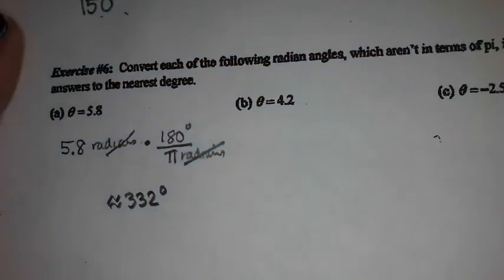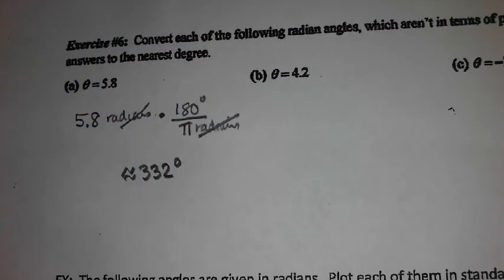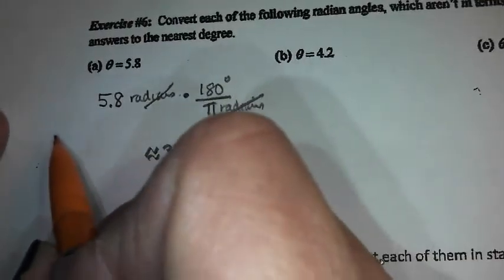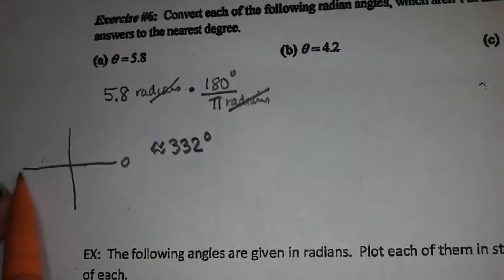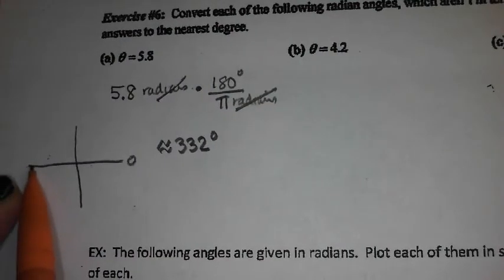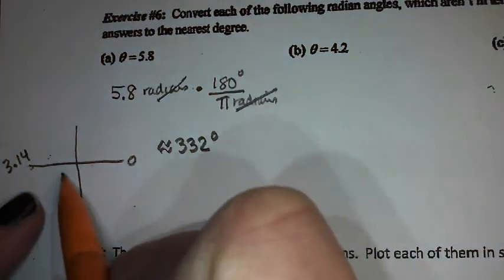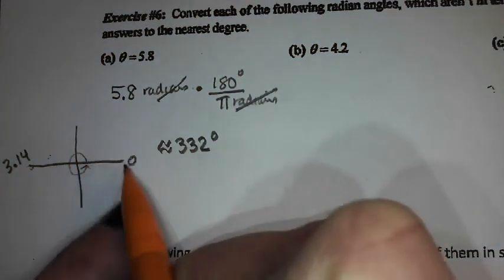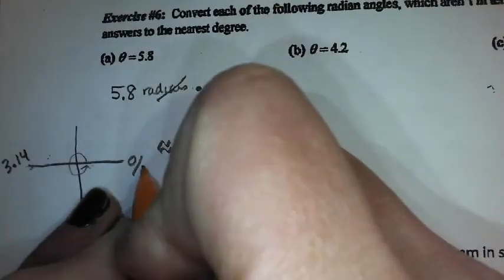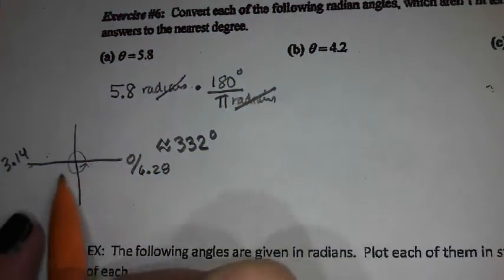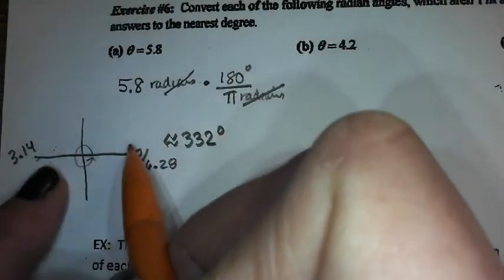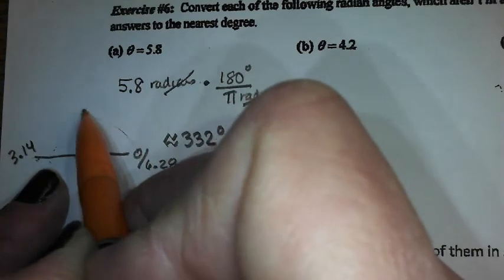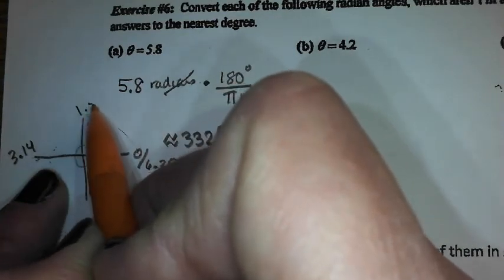Now, again, don't worry about the other parts B and C. Let's talk about why this makes sense. Going back, this is 0 radians. How many was this? 3.14. If we kept going the full circle, how many is this? 6.28. So what's this in between then? Well, we said, let's go this way. 0, what was this? 1.57.